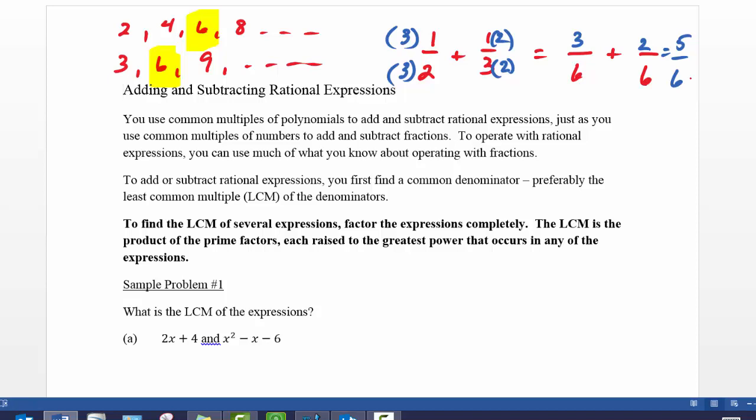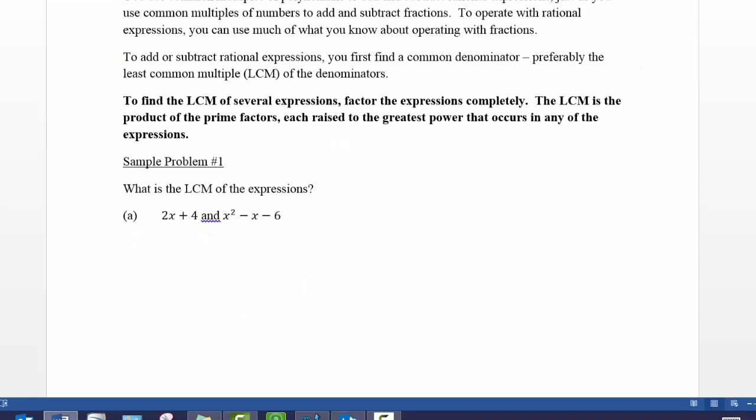Now, that is going to apply to the rational expressions as well, except now instead of dealing with numerical values for least common multiple, we're going to deal with polynomial expressions. And so you can see here in this bolded area it says to find the LCM, factor the expression completely, and then find the product of the prime factors.